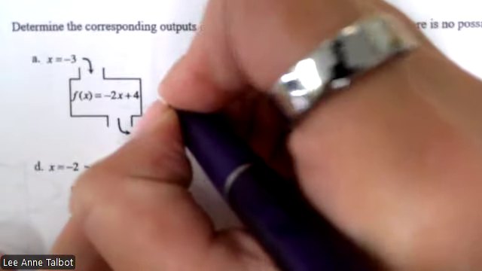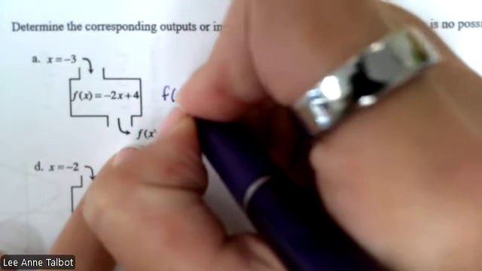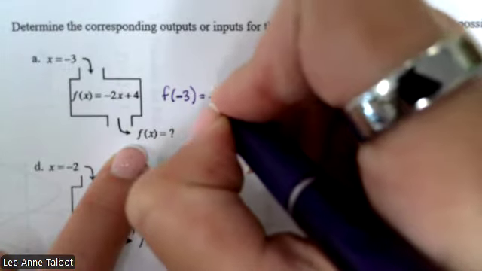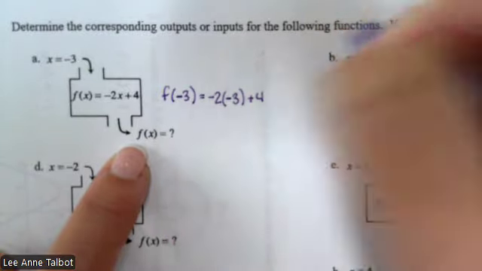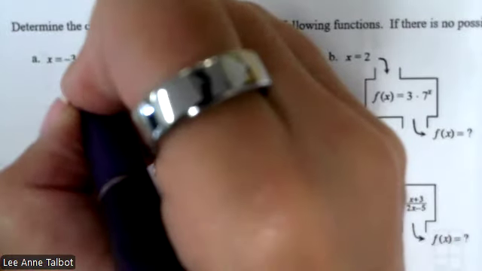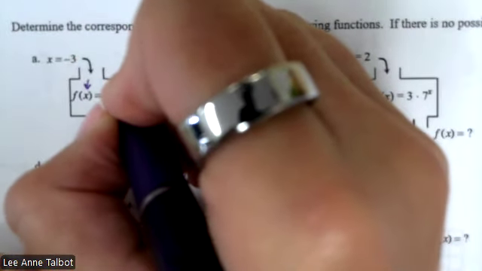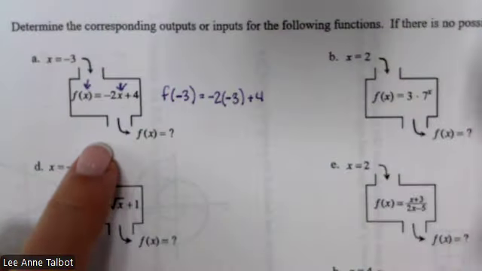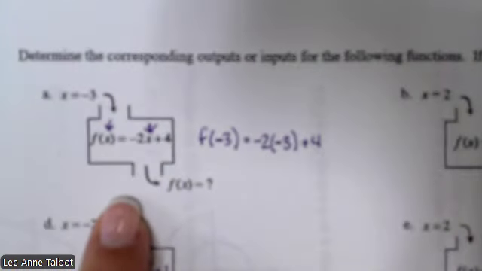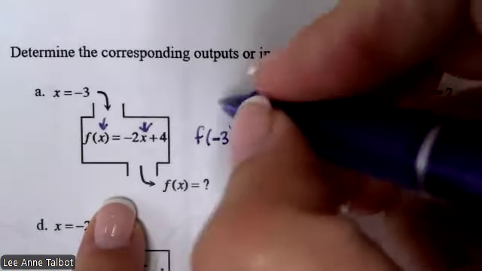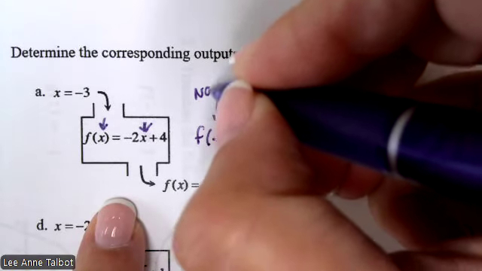So I'm going to say f of -3 equals -2 times -3 plus 4. So I put x here and here. Okay, and I want to remind everybody that this is a name.